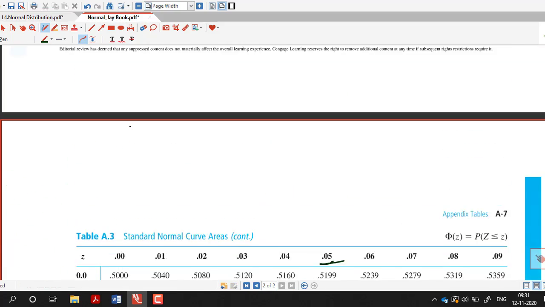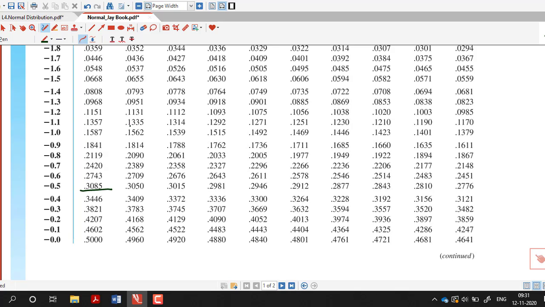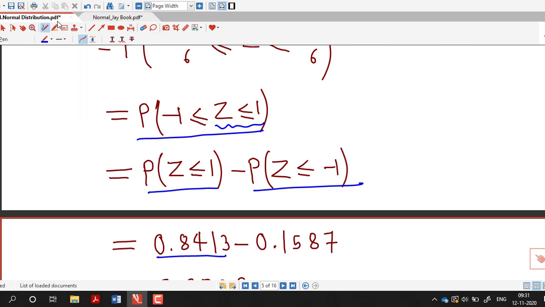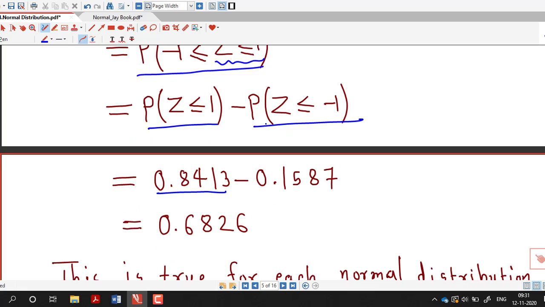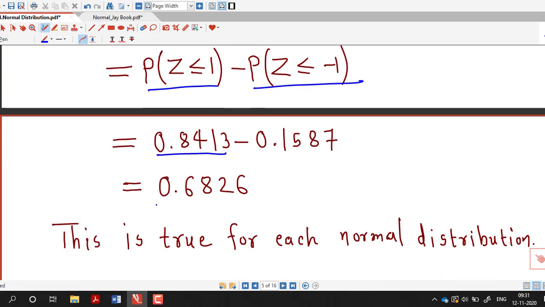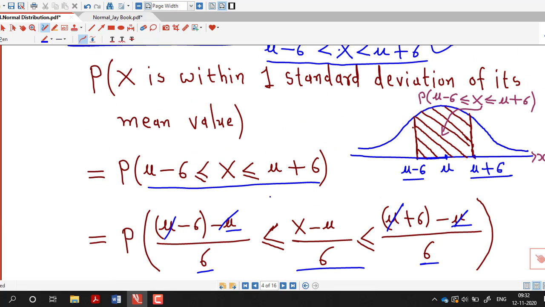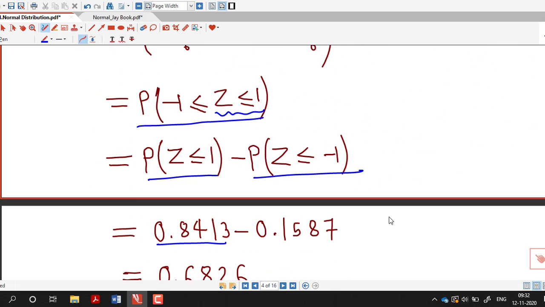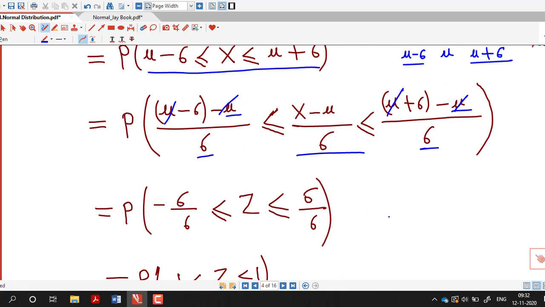So we have to go for negative values. Z is less than or equal to minus 1. So this is the value corresponding to minus 1, 0.1587. And the difference is 0.6826. So the value of this area is nothing but 0.6826.